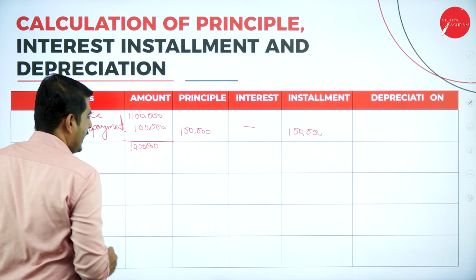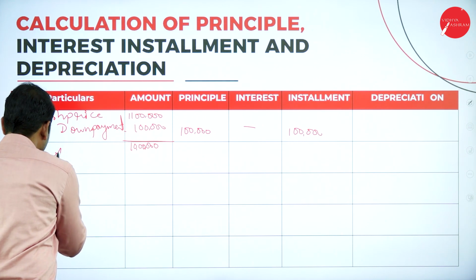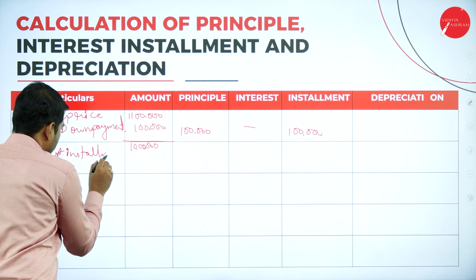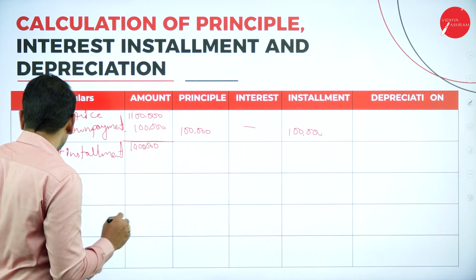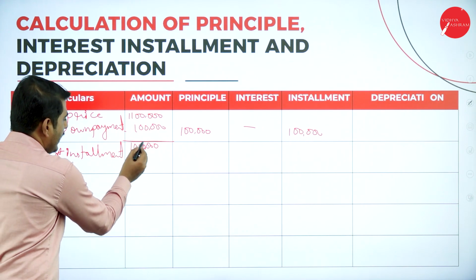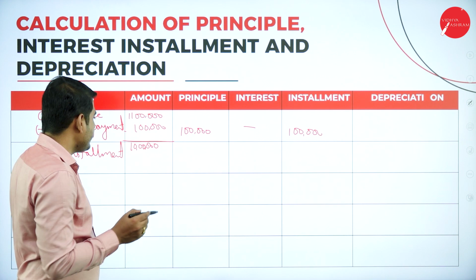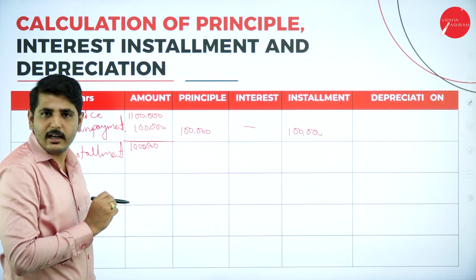Okay. So 10 lakh here minus first installment. First installment we have to deduct. We have to calculate the interest on the first installment. While calculating interest, we cannot calculate the interest on 11 lakh. What is the balance available?